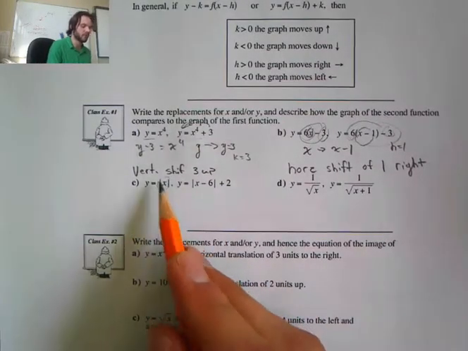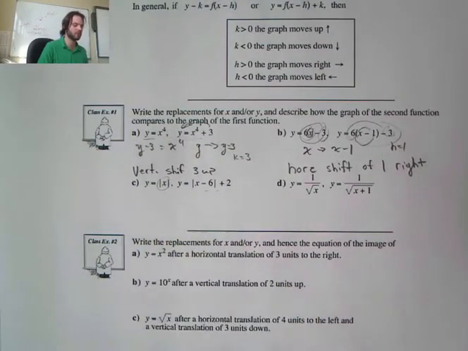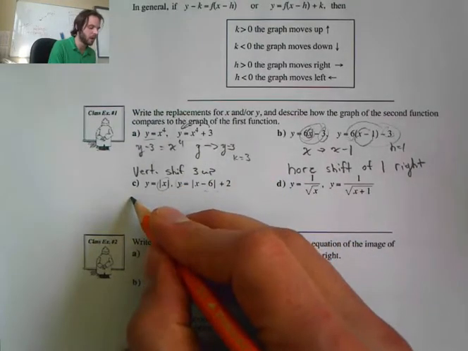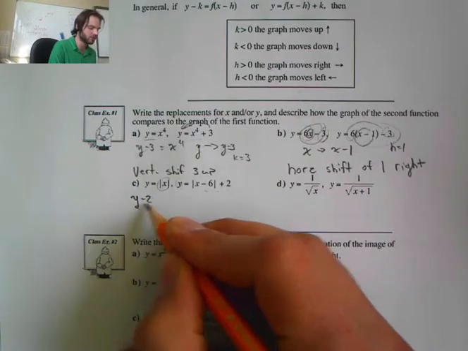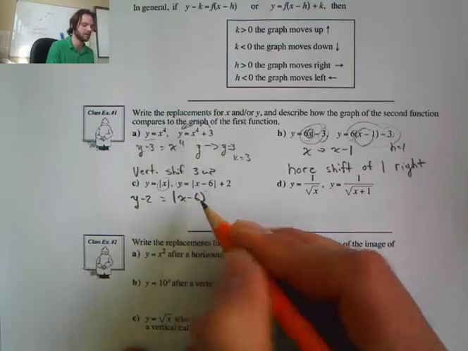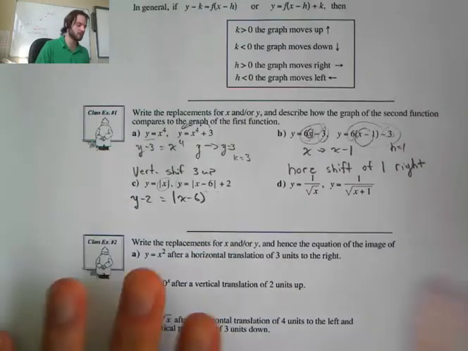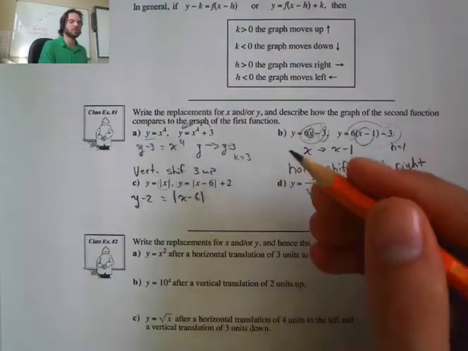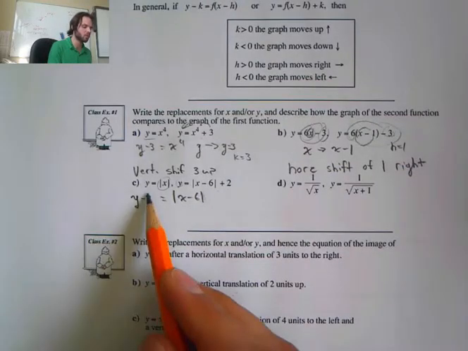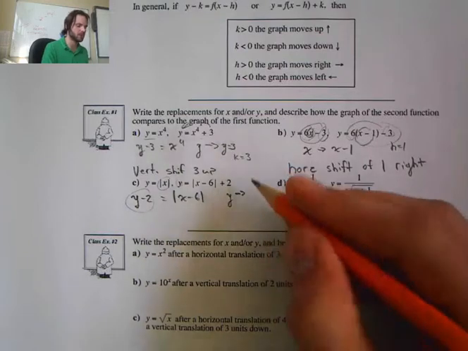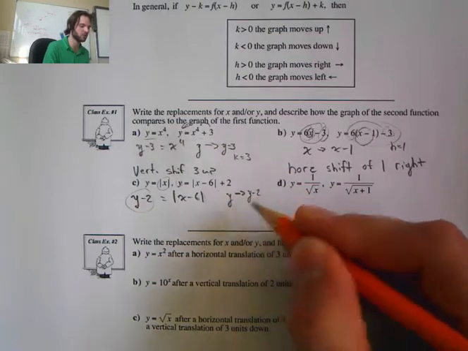We have absolute value of x's. Oh, we have two things happening here, don't we? So I'm going to rearrange it so it's y subtract 2 is equal to absolute value of x subtract 6. So here I have two things. Oh, that should be a bracket. That should be absolute. So we have two things happening here. Y got replaced with y subtract 2.